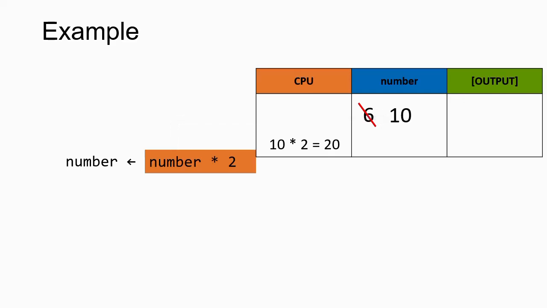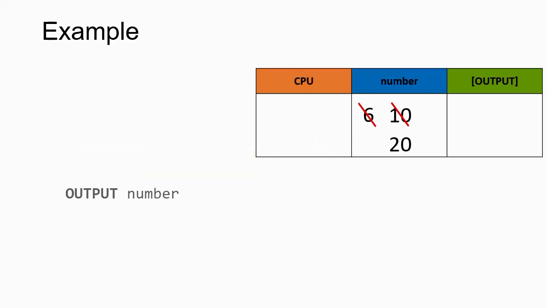Then the next part of this line of code is to store that answer, the 20, into the number variable. The variable is storing the number 10 at the moment. That's going to need to go because now it needs to store the number 20. So it was storing 6, then it was storing 10, and now it's on 20.